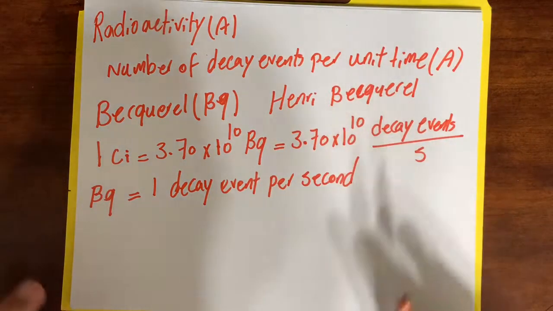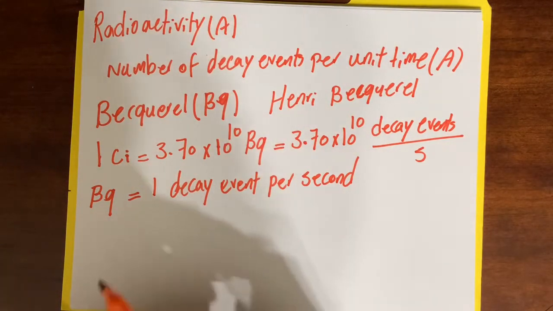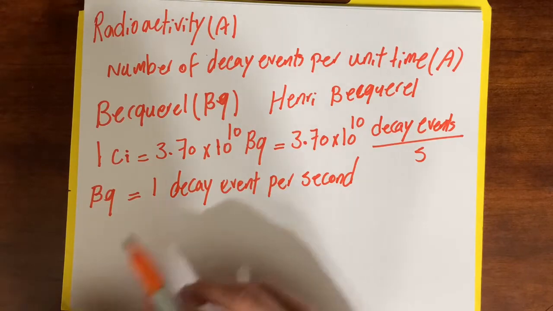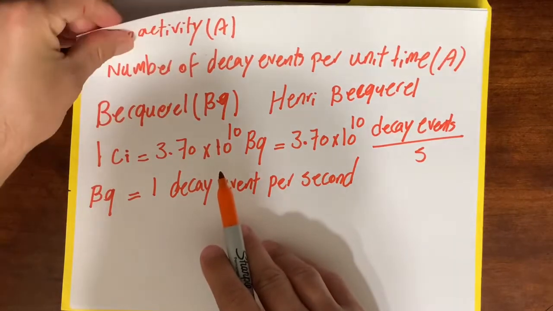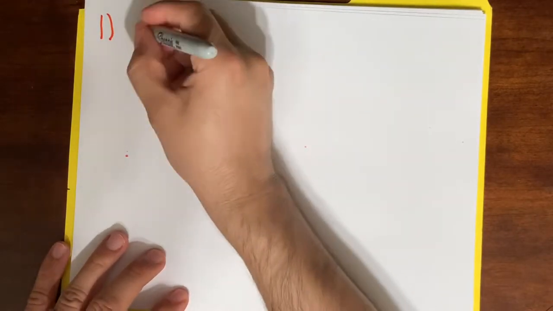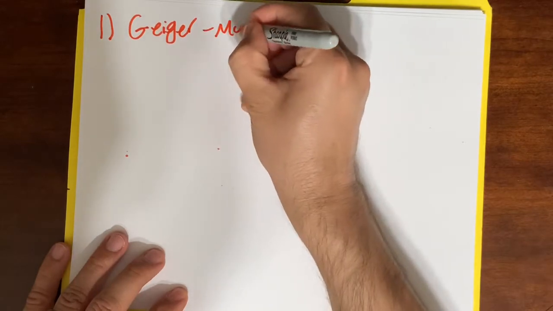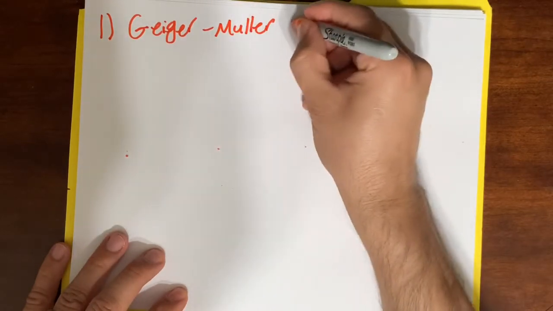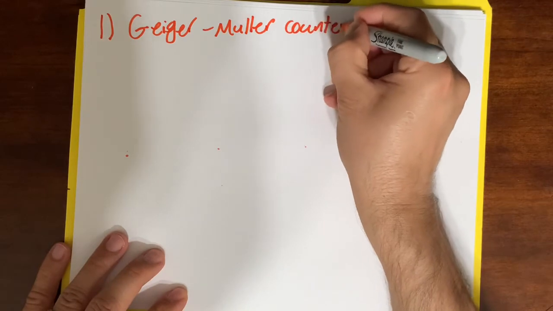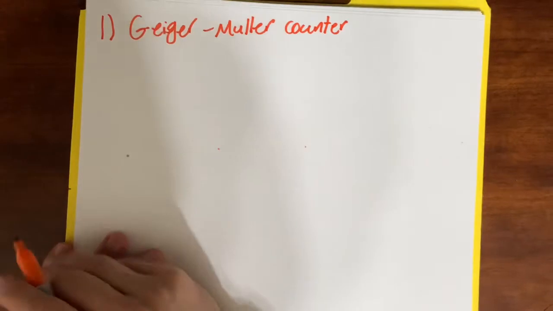Okay, so for now let's focus on devices that we use to measure this radioactivity, and I go with 2 devices that we use a lot. The first one is going to be the Geiger-Müller counter, and the second will be the scintillation counter.